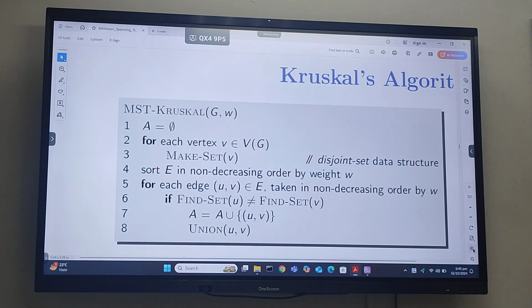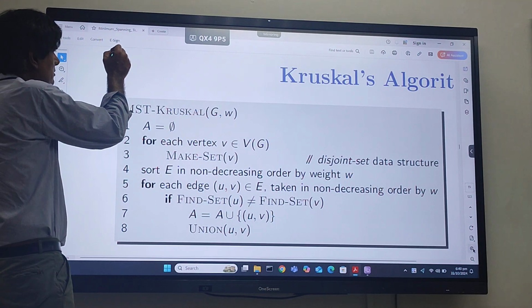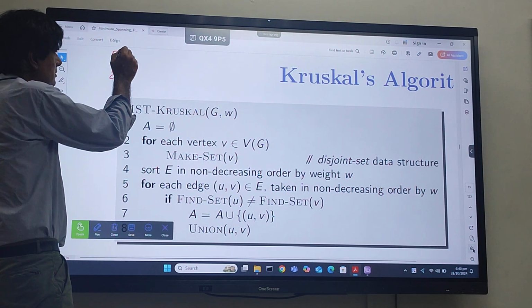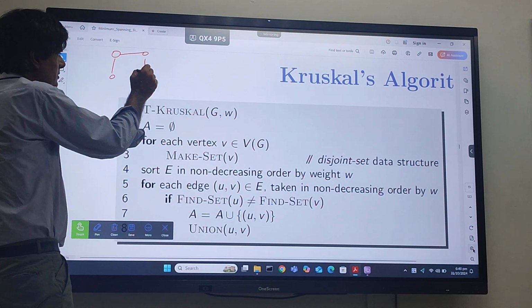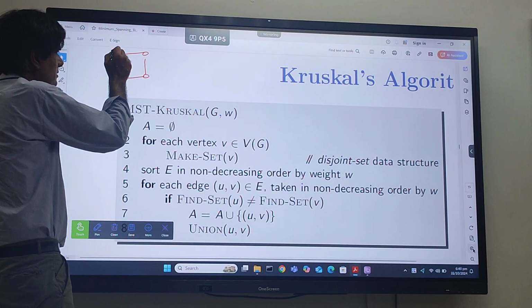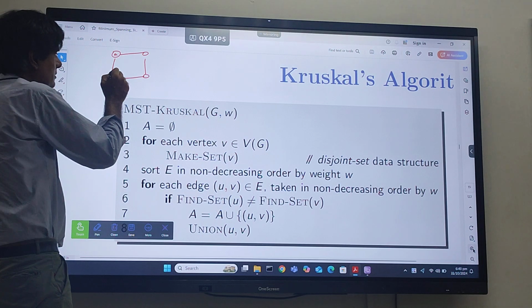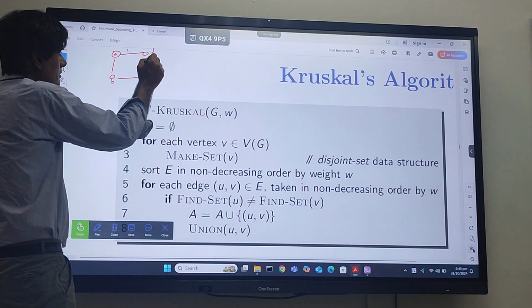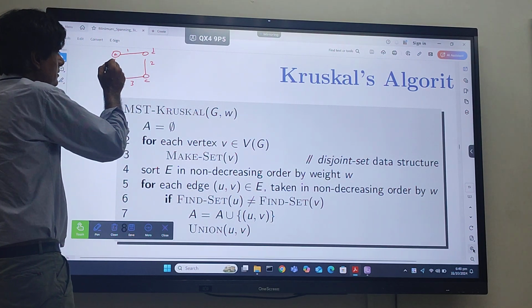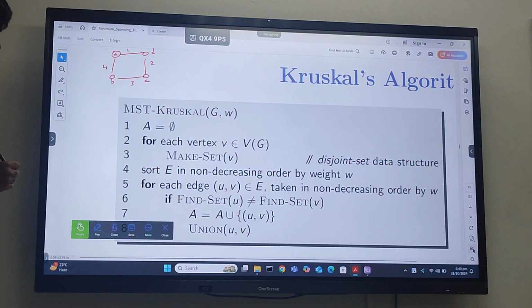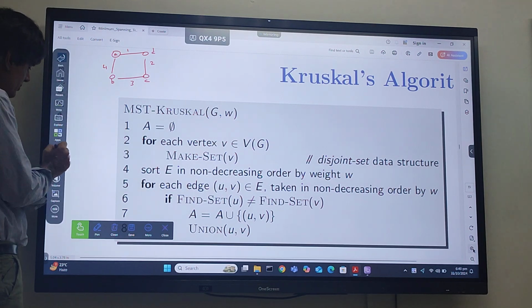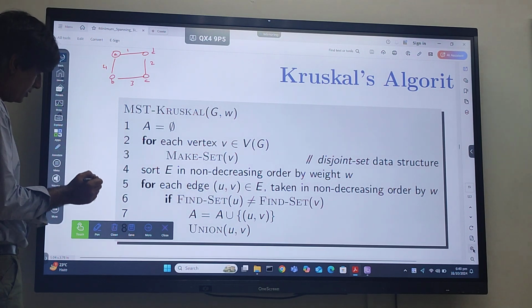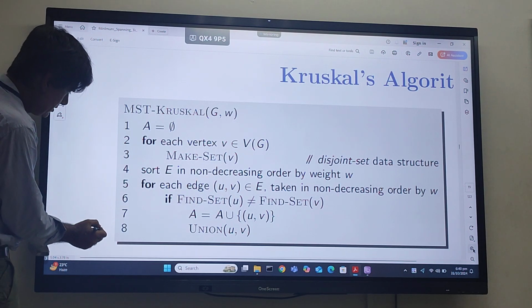Any other question? Sir, did you explain the function make set? Make set is saying that we build a set for each vertex.